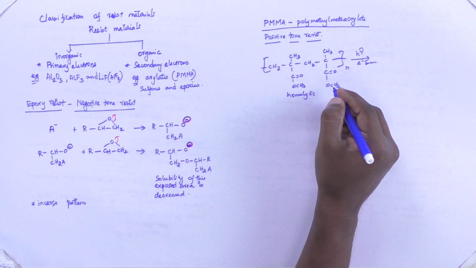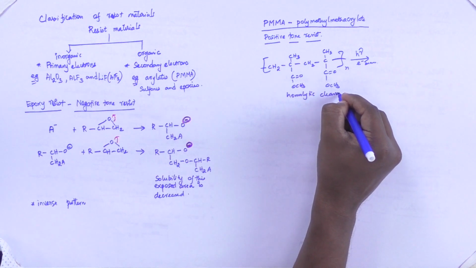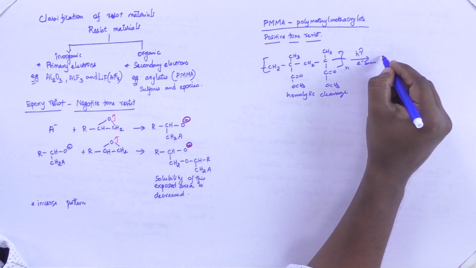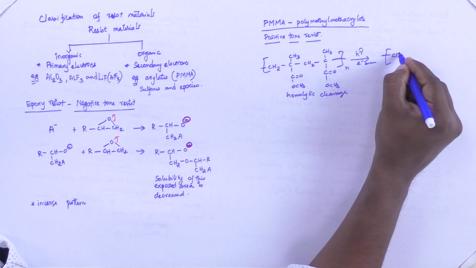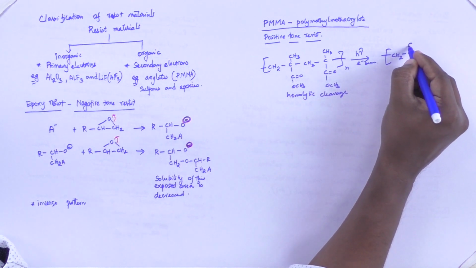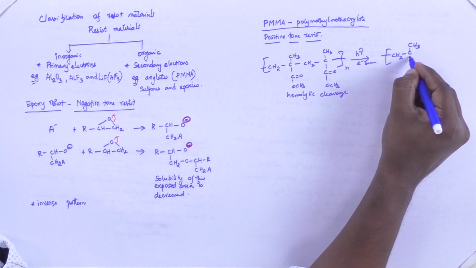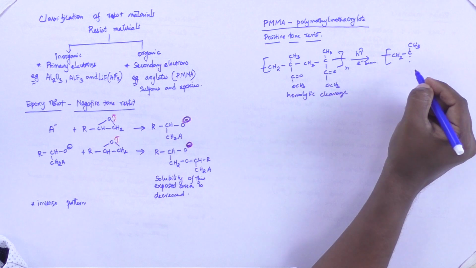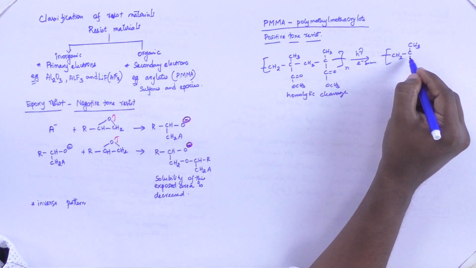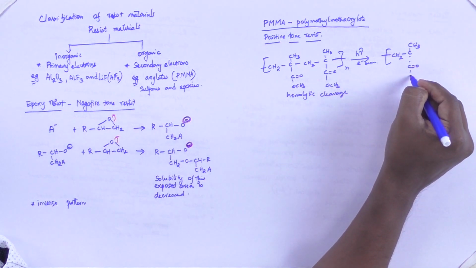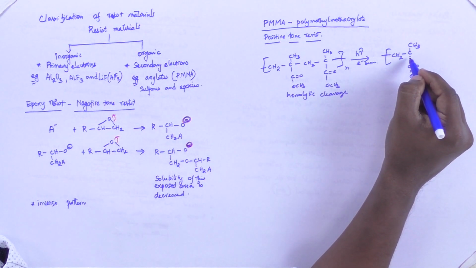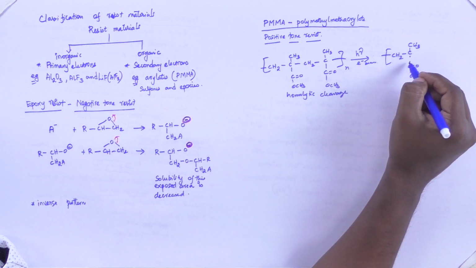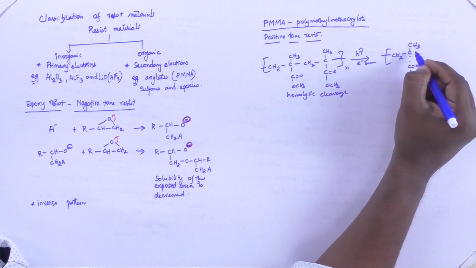Homolytic cleavage. So as a result what you get is CH2 CCH3, and then this is homolytically cleaved, which means one electron from that bond is taken away by each carbon atom. So you have this bond broken and the electrons are taken away by both the carbon atoms.